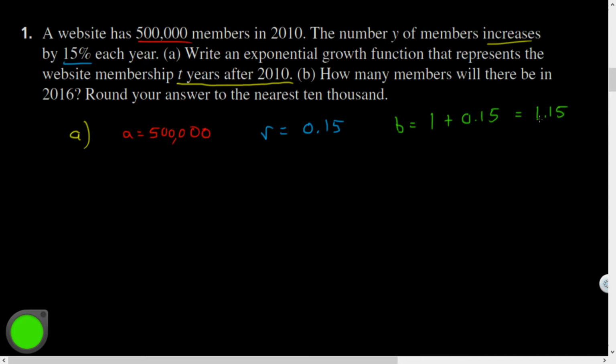So that's our growth rate. That's an R. You'll get used to my sad-looking R's. So my equation is Y equals 500,000 times, and I could have written the 1 plus 0.15, but I'm just going to already simplify it here.